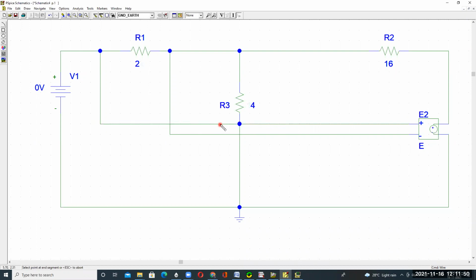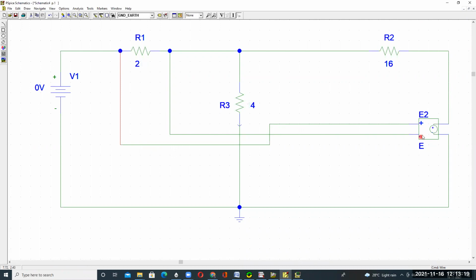Again, it is connected like this. Connect this terminal like this, press here, and connect this element like this. Don't connect this node and don't connect here.